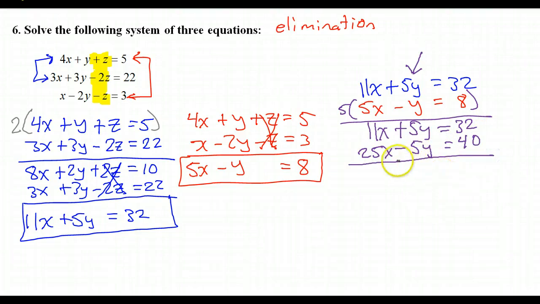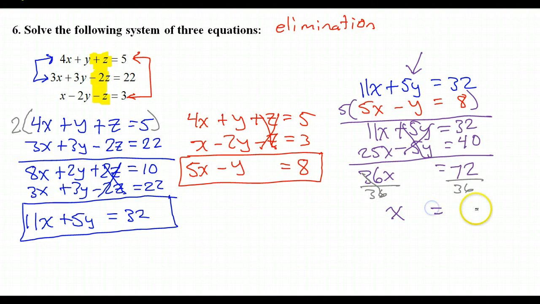If I put these together, sure enough, the y's cancel out, and this is going to be 36x is equal to 72. To get x by itself, divide by 36. So x is equal to 2.